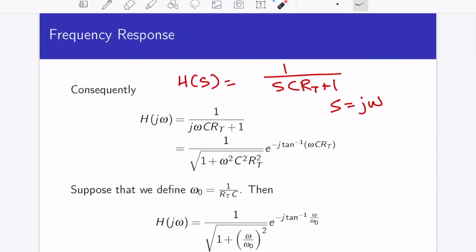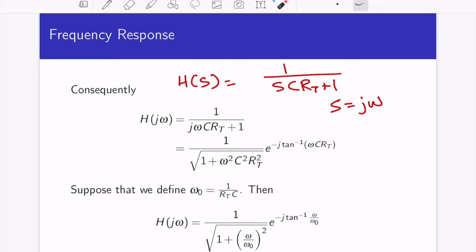It only depends on omega, but we will look at a particular value of omega. So we can write this as the magnitude of H of j omega, which is this, times e to the minus j inverse tangent of omega C R T.